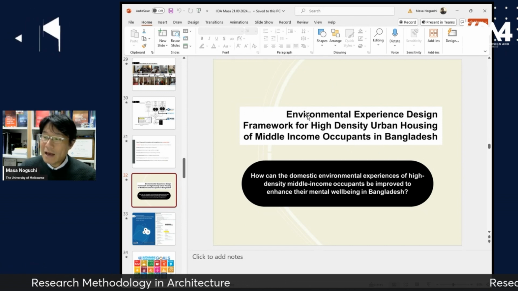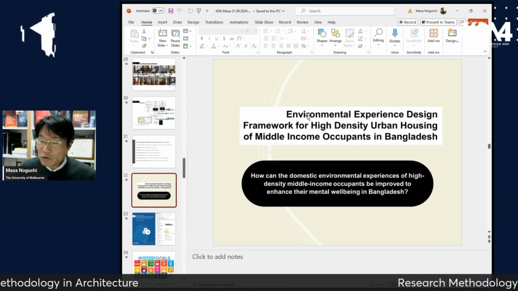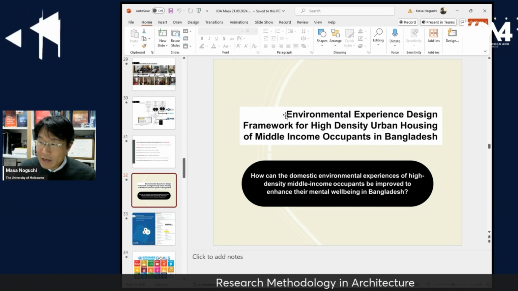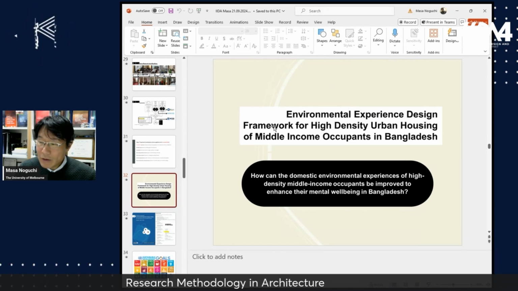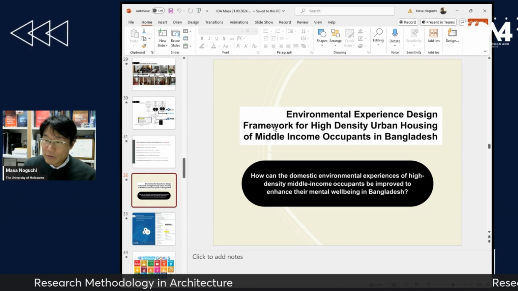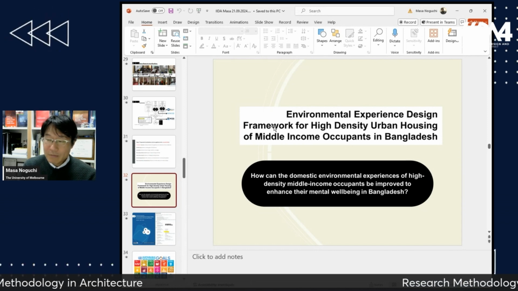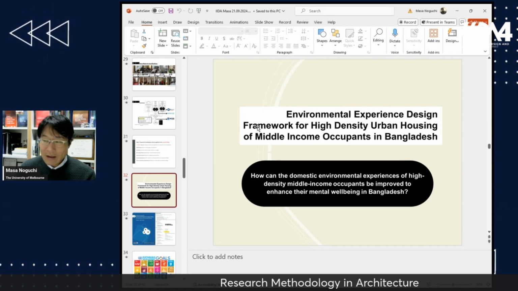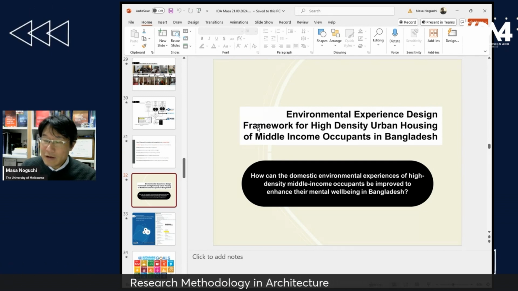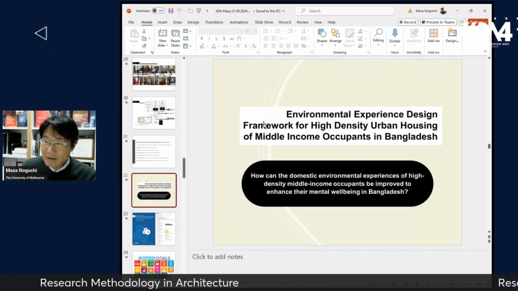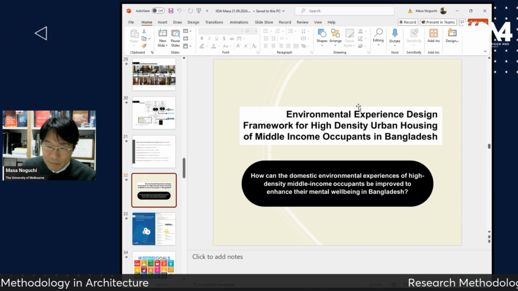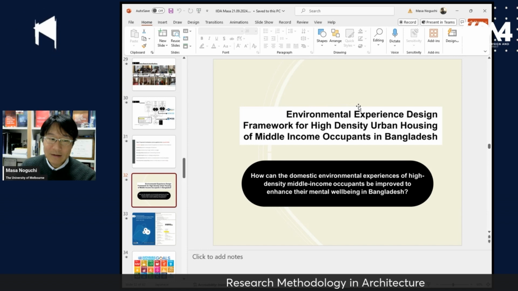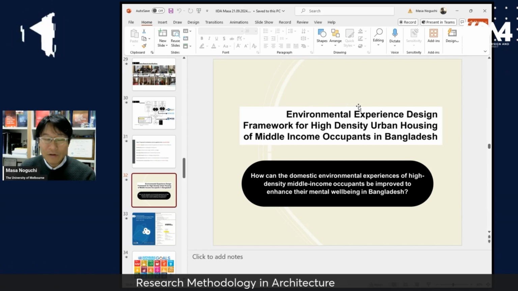So his expected contribution was proposing an environmental experience design framework to fill the gap between architectural design and user needs and demands. And I already mentioned previously, he wants to use experience as a channel to fill the gap.